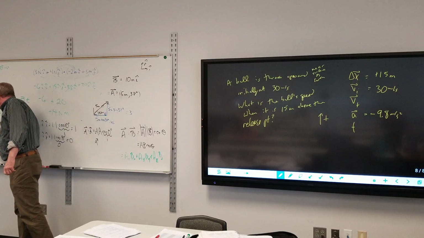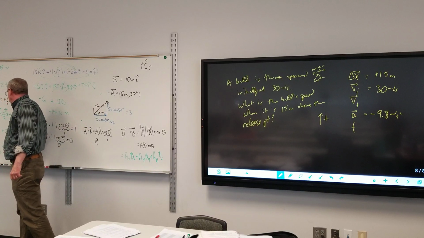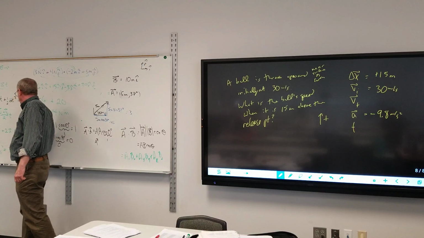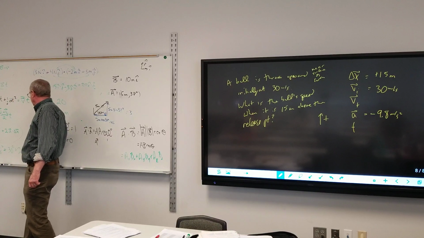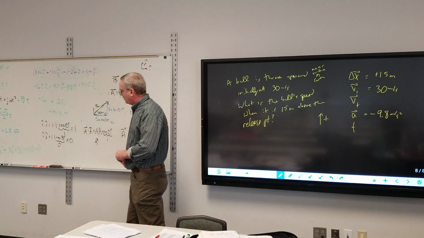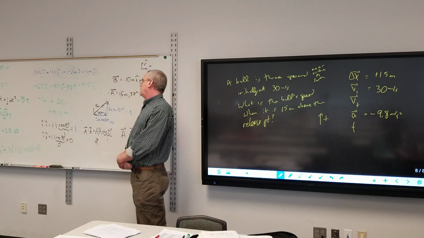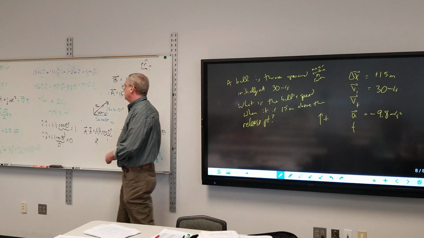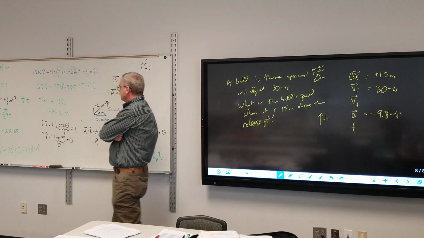So I end up with vf squared is equal to 30 squared plus 2 times negative 9.8 times positive 15. Which is something. Oh yeah, no, that's right.